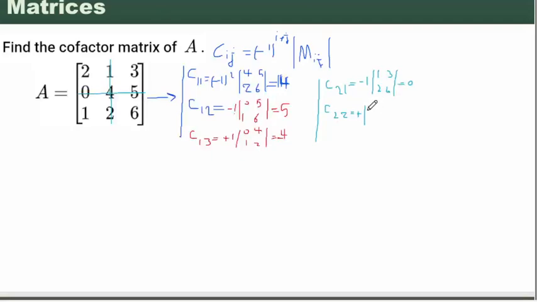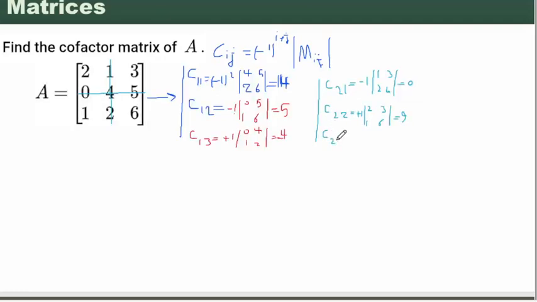So it would be 2, 3, 1, 6, which is 12 minus 3. And here I have positive 1. 12 minus 3 gives me 9.